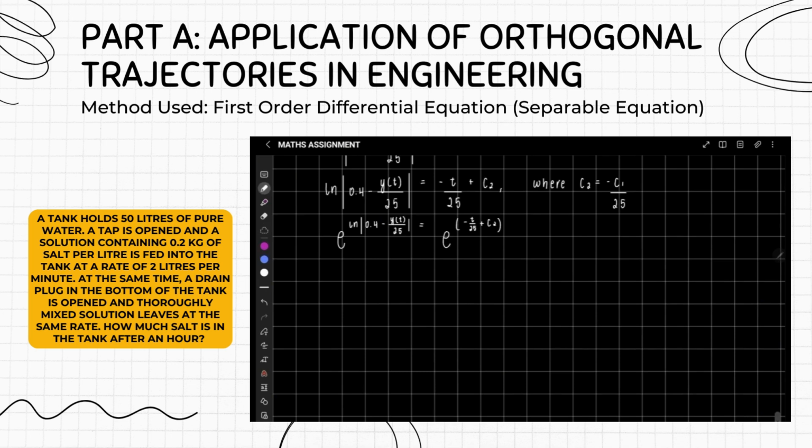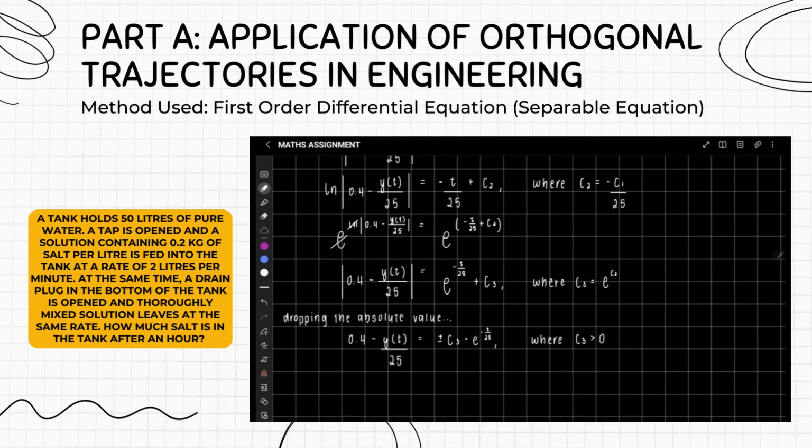To get rid of the ln, we change both the left-hand side and right-hand side into exponential terms. Next, by getting rid of the absolute value, we get 0.4 minus y(t) over 25 equals plus minus c3 times e to the power of negative t over 25, where c3 must be more than 0.